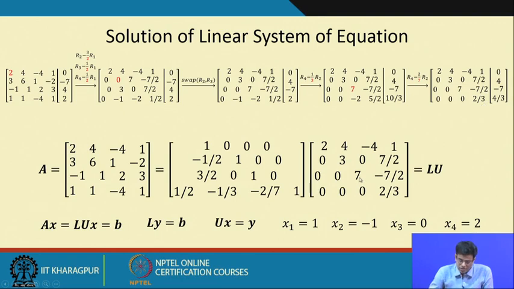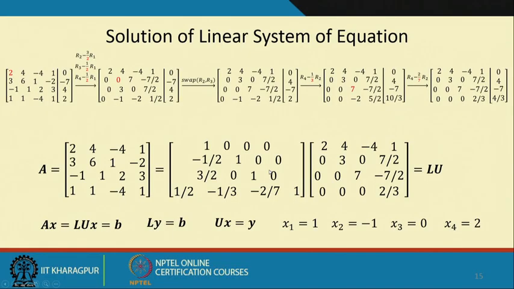But we do not change the right hand side here. We keep the right hand side original with the B. Again, Ly equals B and Ux equals y. The y is the changed right hand side, which is obtained by solving Ly equals B. So, there is a connection between Gauss elimination and LU decomposition.